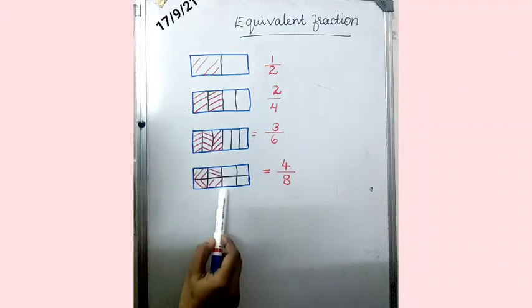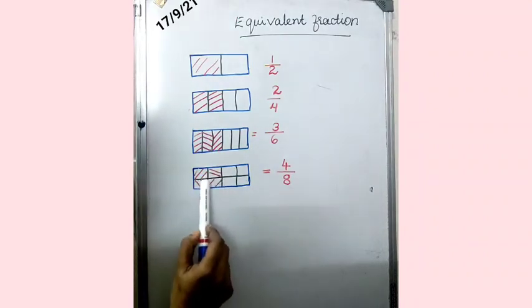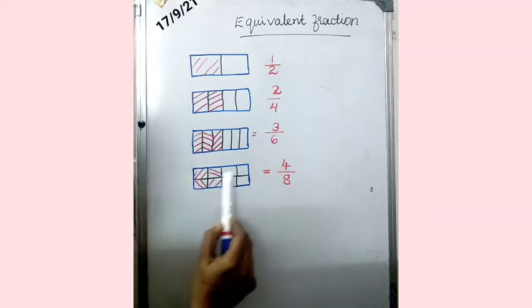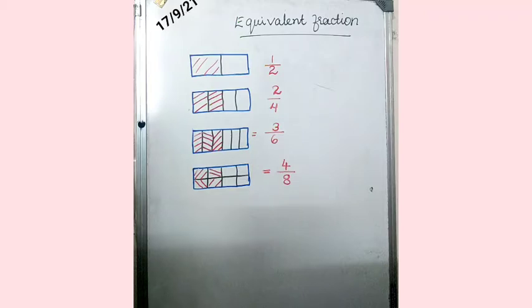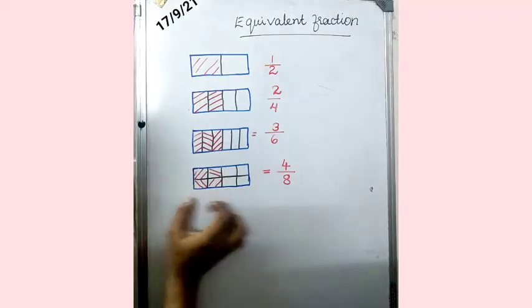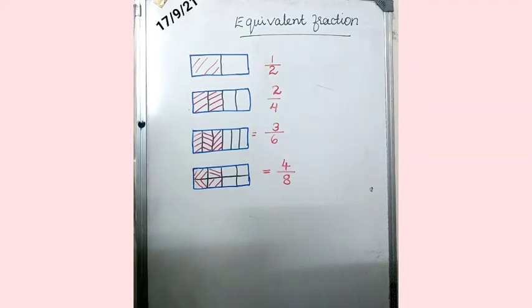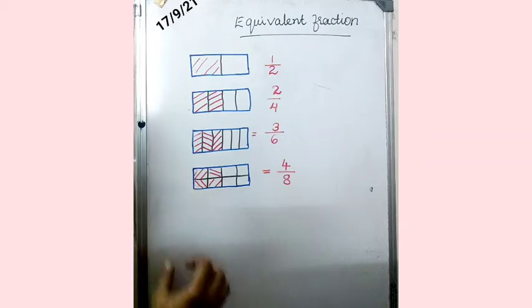Here the same portion, I divide the half into 4 equal parts, then the fraction becomes 4 by 8. That means this half remains the same. The only difference is that I cut this half into many more pieces.